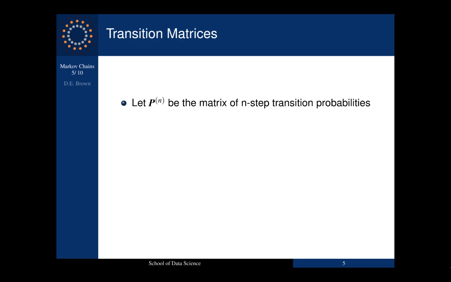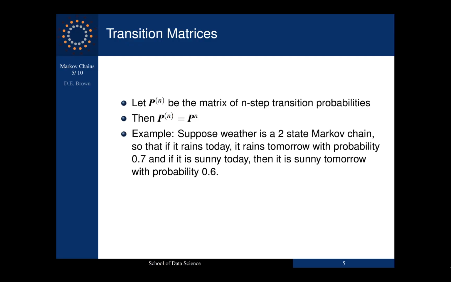Let's find what these n-step transitions are. Let's work out the computation of them. We're going to let P(n) be the matrix of n-step transition probabilities, with the parentheses now around the n. And it turns out that that's just the one-step transition matrix taken to the power n. All we have to do is multiply it by itself n times in order to get the n-step transition matrix.